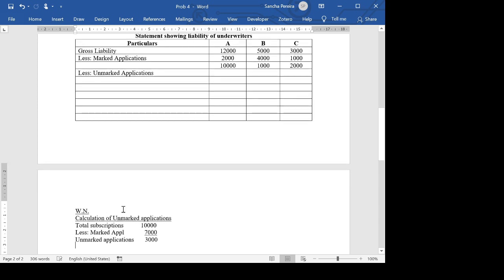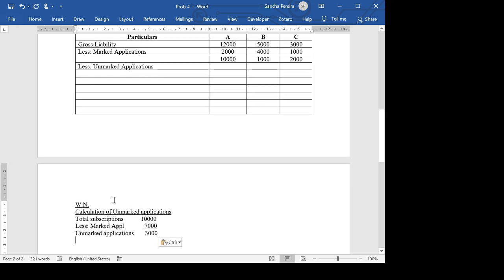Working on the same thing, calculation of unmarked applications. Total subscriptions are 10,000. Less marked applications are 7,000. Unmarked applications are basically 3,000.